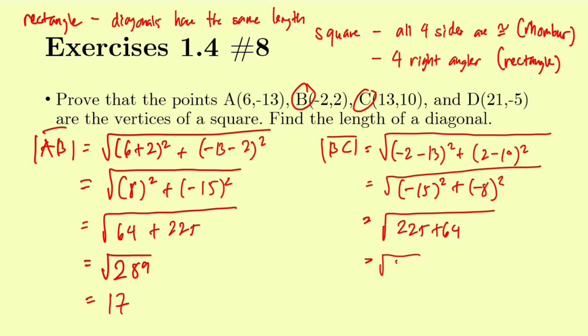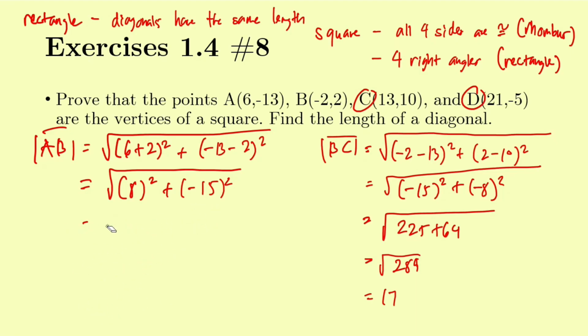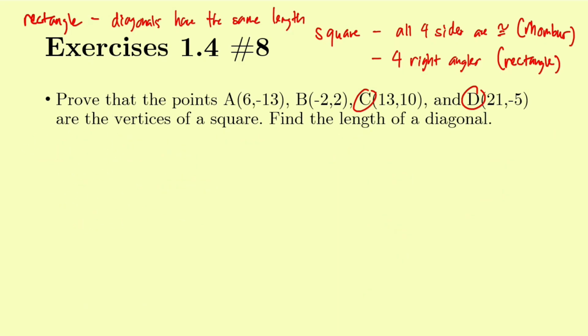That's equal to square root of 289. And syempre, expect na natin na 17 din siya. Okay, we're good for AB and BC. We need to show naman si CD and DA mamaya, no? This is what we're going to do next. Na kailangan 17 din yung distance nung mga pares ng points na yon.